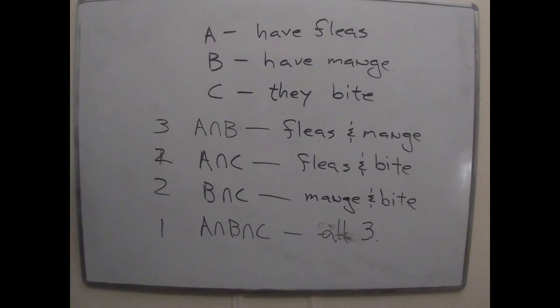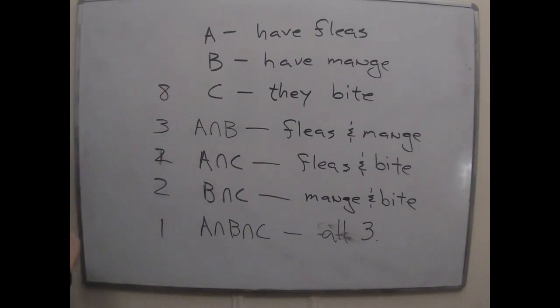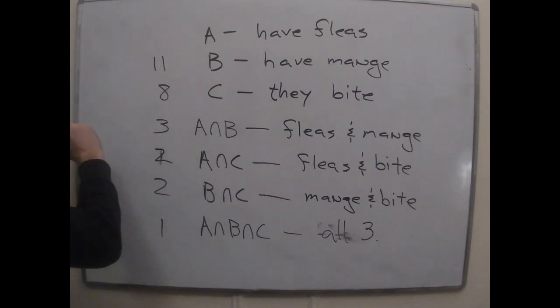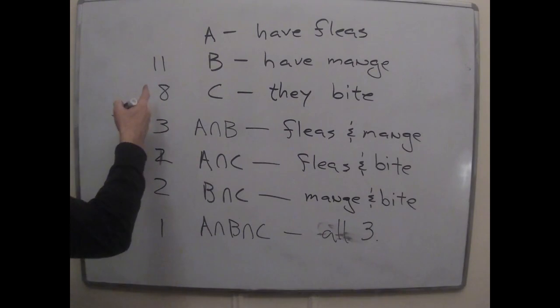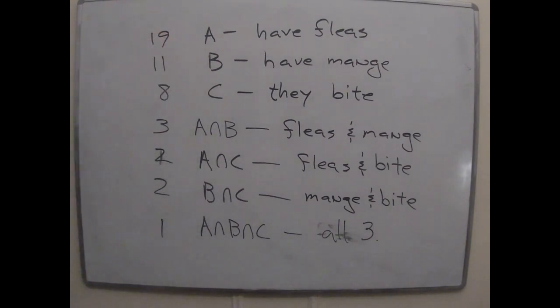And then there's a total of 8 that have issues with biting, 11 with mange, and 19 that have fleas. Can we work out how many dogs there are total that need to be dealt with before they can be adopted?